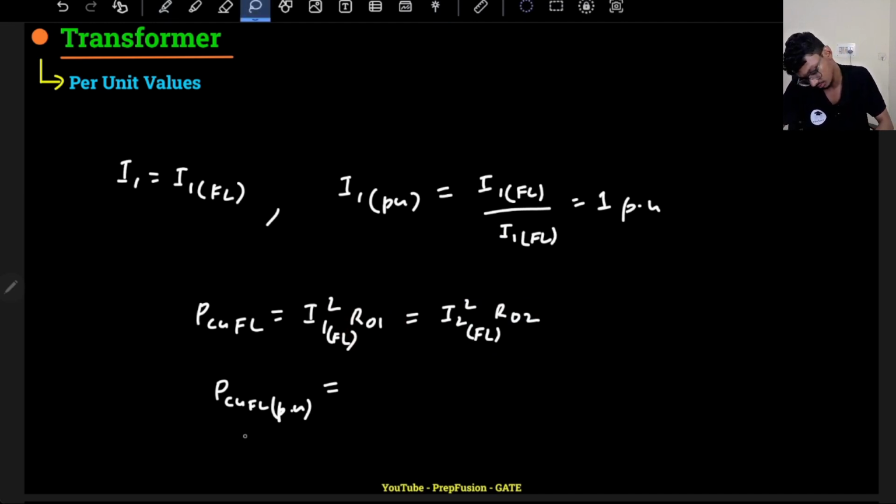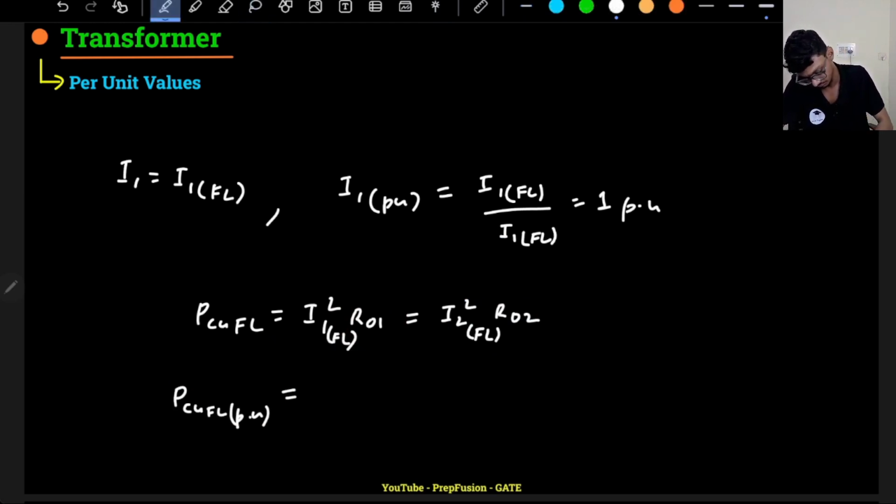Okay, so now if I want to find out the per unit full load copper loss, it will be I1 whole square into R01, correct?